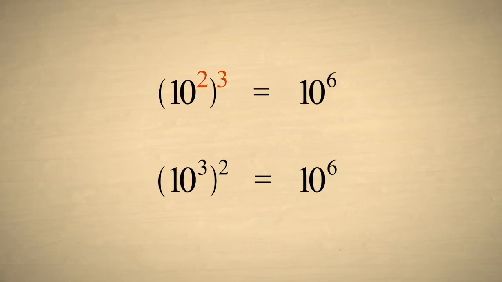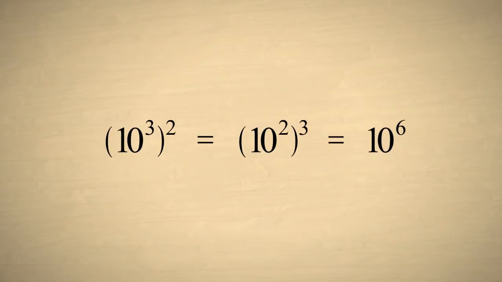So squaring 10 cubed and cubing 10 squared both give the same result, 10 to the 6th power. This makes sense because when we multiply the exponents 3 and 2, or 2 and 3, either way we get 6.